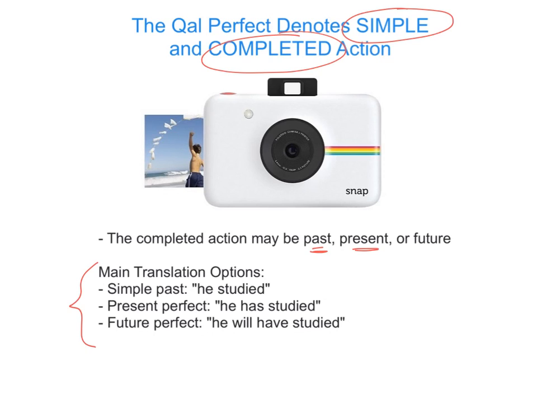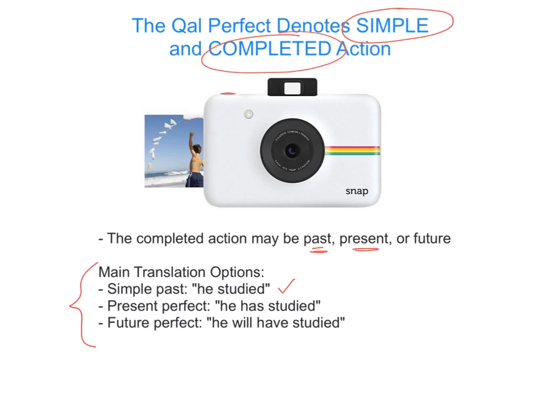Most often, we'll use the simple past, this one right here. Let's say that this will be our default position for translating the Qal Perfect. Simple past completed action. He studied in our example. The action took place in the past. It was a singular event. It's over.